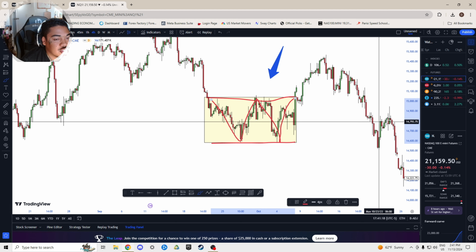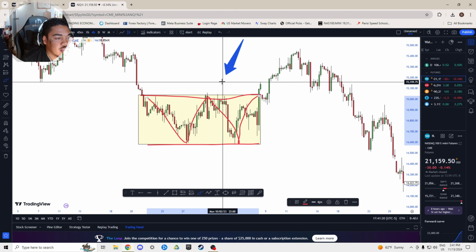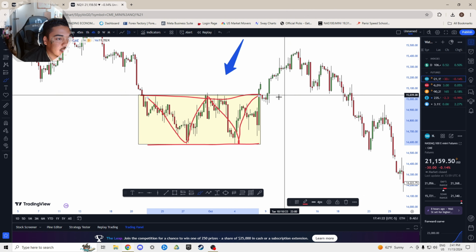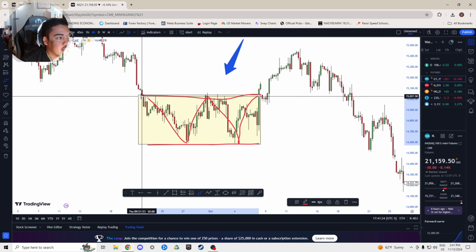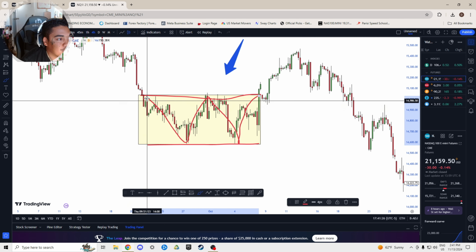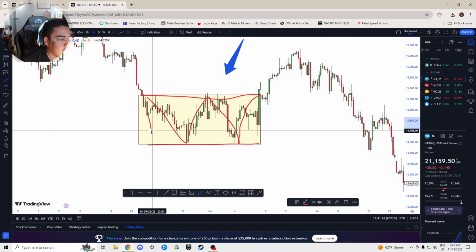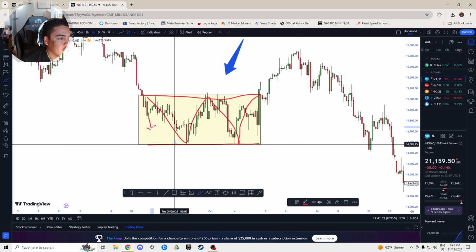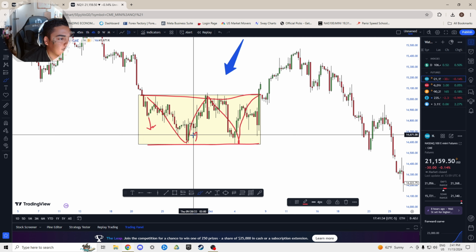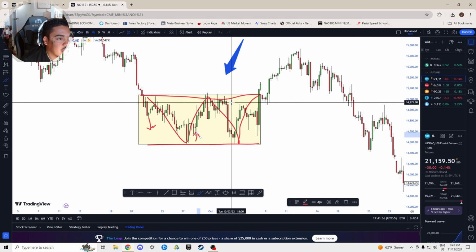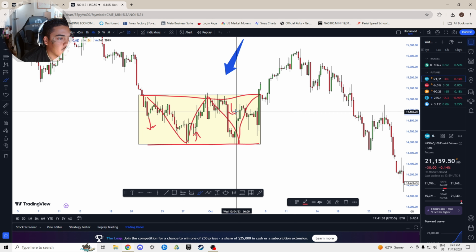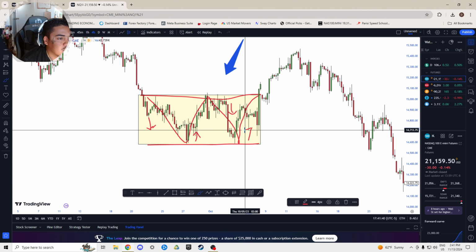Now what I said gets tricky in those ranging markets is that you don't know when it's going to end. So basically you could have been catching this to go down, and then catching it back up to catch it back down, to catch back up.